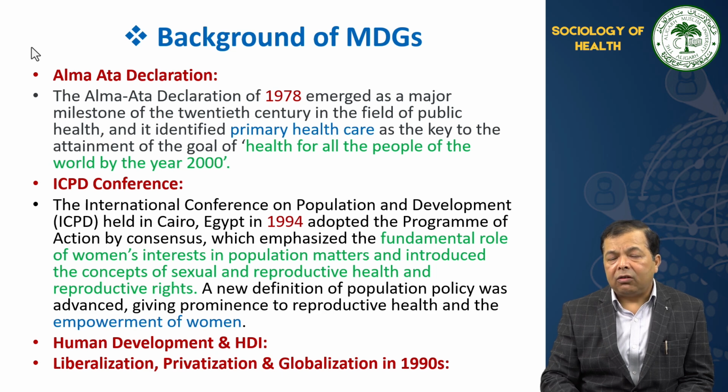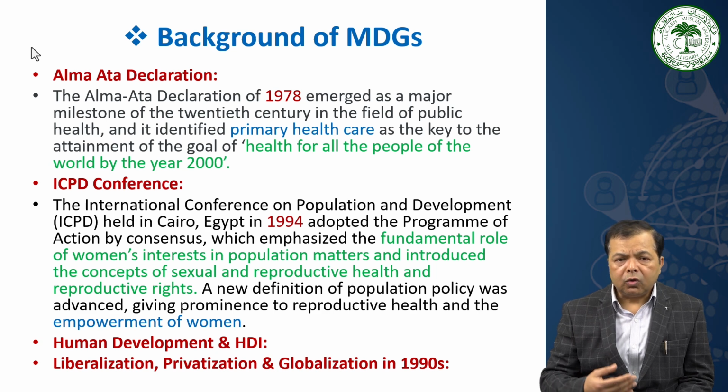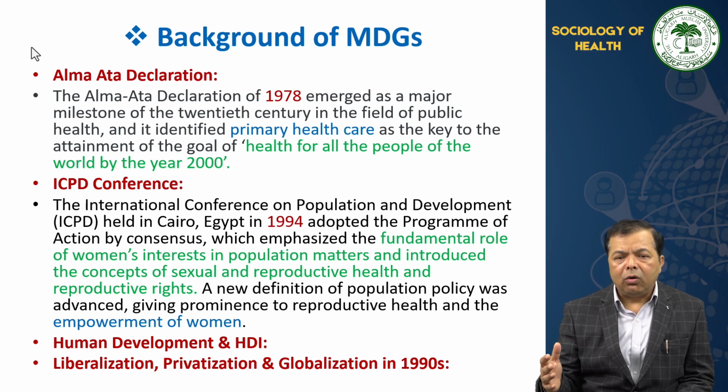And as we just talked about, the HIV and AIDS problem was also in the background of having that kind of understanding. So we talked about basically two important milestones here. One, the Alma Ata Declaration, and the second, the ICPD conference, which talked about the reproductive health of women and reproductive rights, and along with that, the sexual health and sexual rights also.